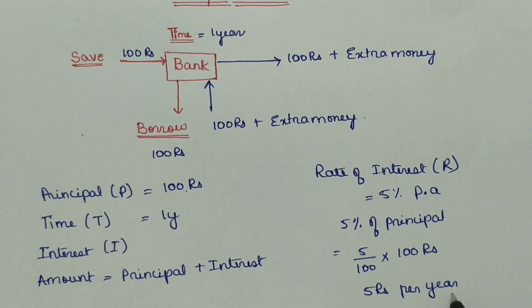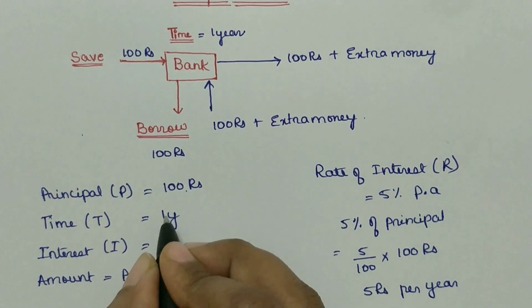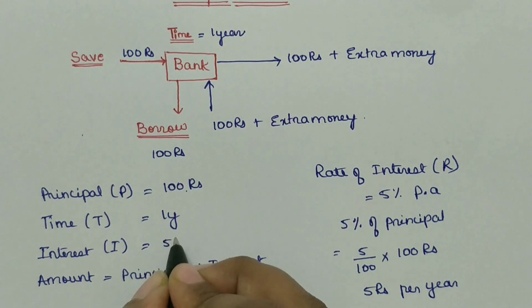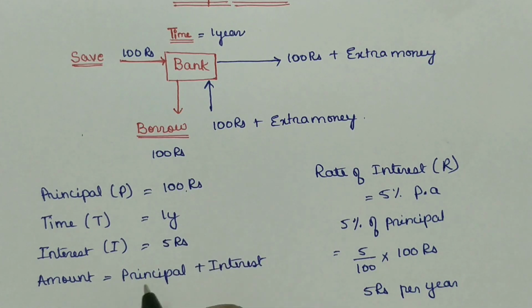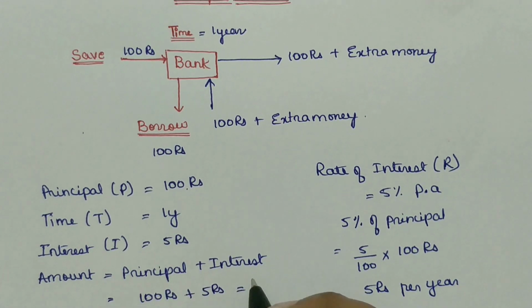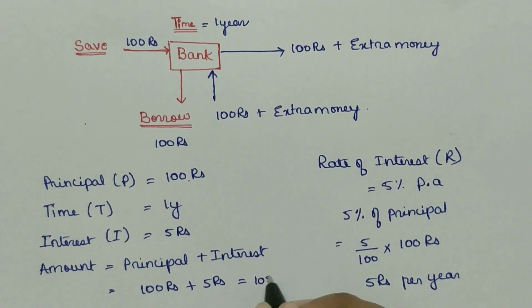Therefore, for 1 year, interest on 100 rupees is equal to 5 rupees. Then amount equals principal 100 rupees plus interest 5 rupees, equal to 105 rupees.